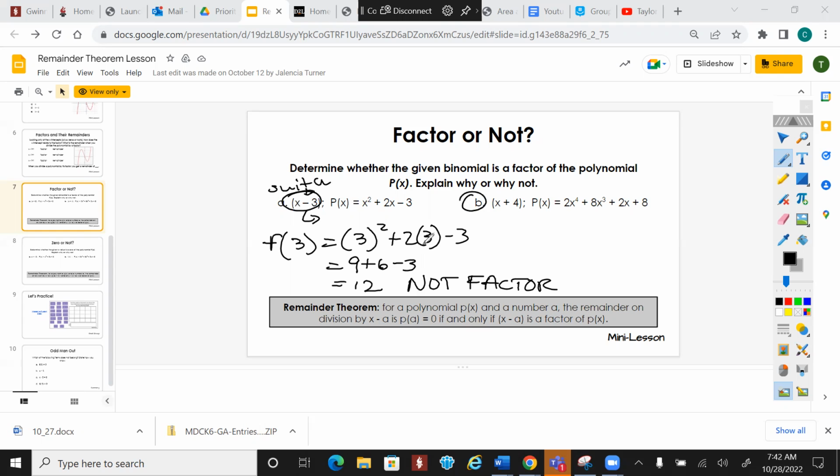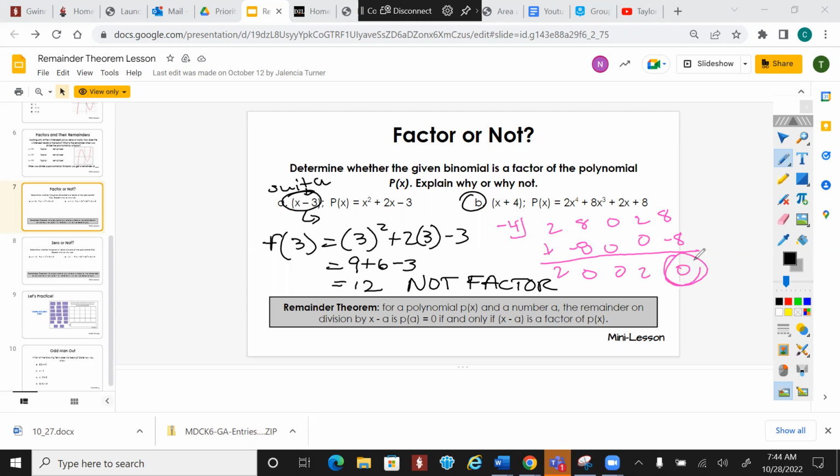Go ahead and take a second, try B. If you want to do this the remainder theorem way, that's fine. If you don't like plugging in, or don't have a calculator to simplify this, you can do this the synthetic way, and it should get you the same results. So we bring this down, multiply, add, multiply, add, multiply.